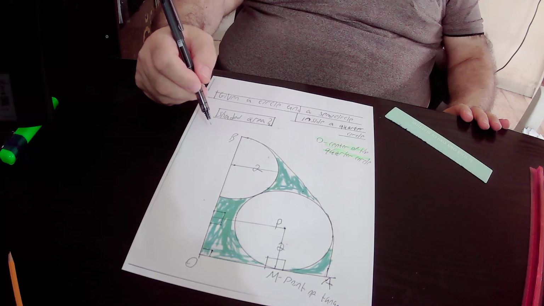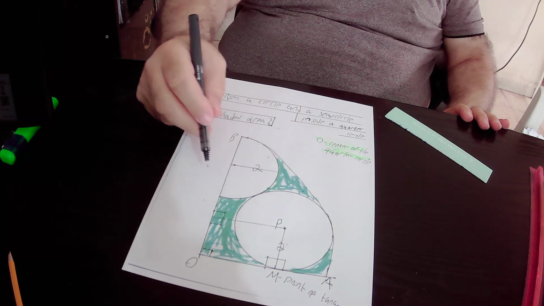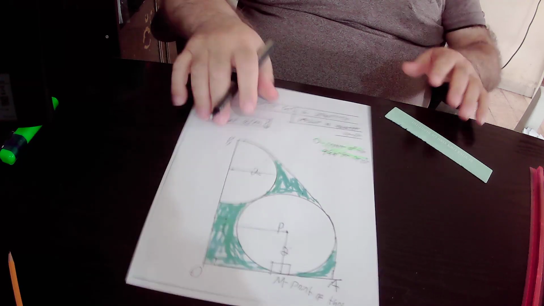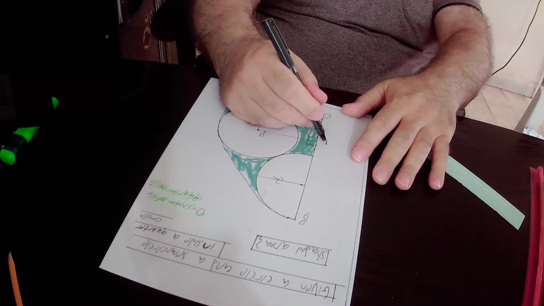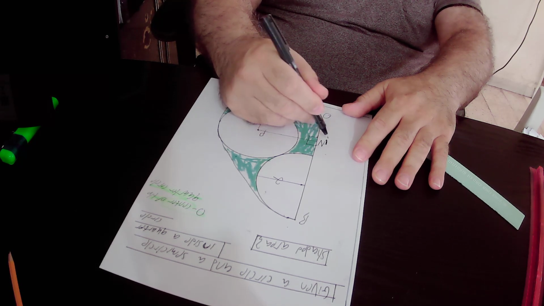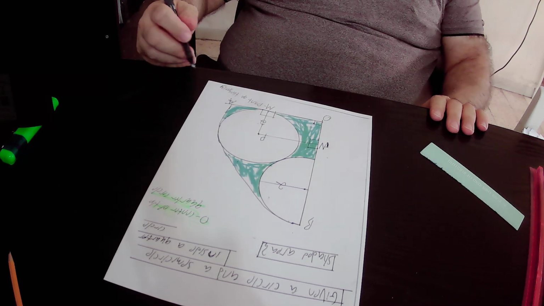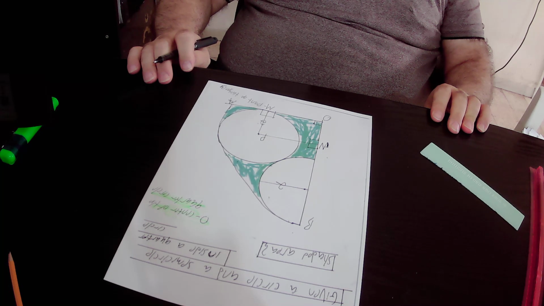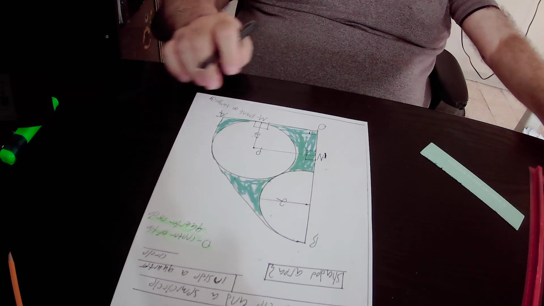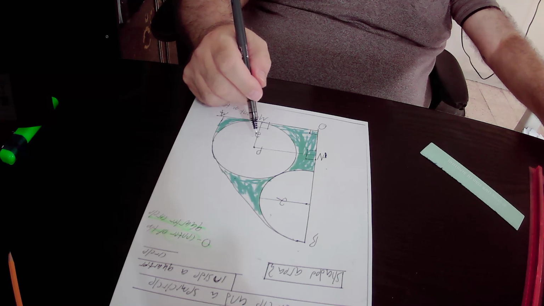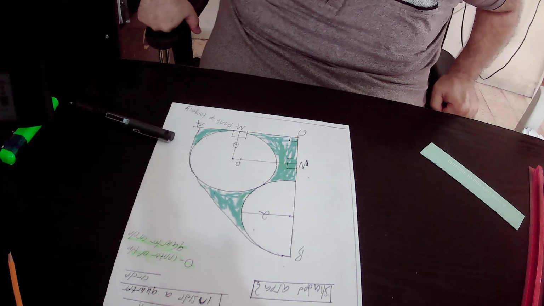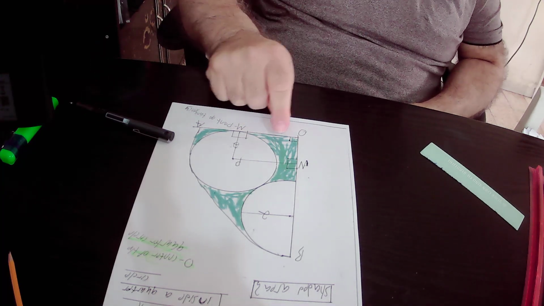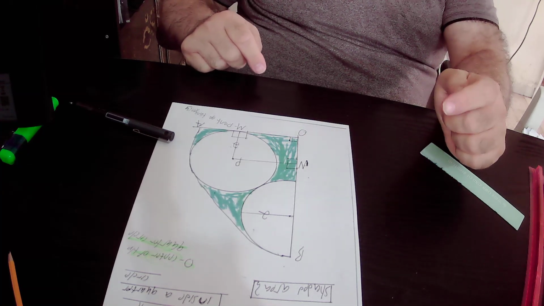And we'll define the touching point of the perpendicular from point P and BO as N. So we define the perpendicular from point P and BO as N.